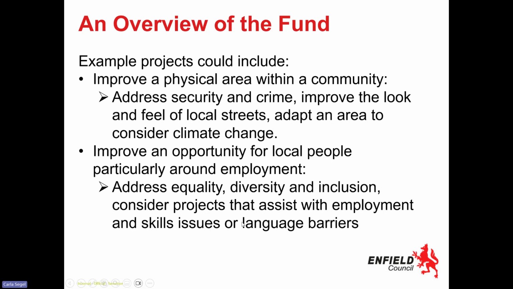Examples of improving opportunities for local people, particularly around employment, include addressing equality, diversity and inclusion, and projects that assist with employment and skills issues or language barriers.